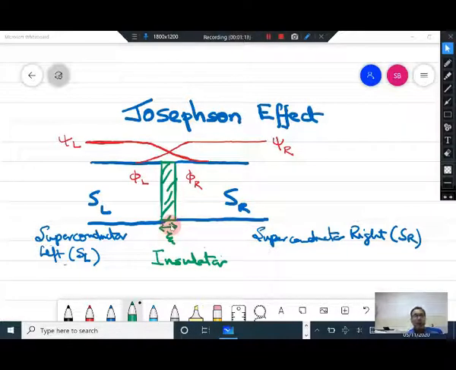Now, on this side of the superconductor, far away from the interface where you have the insulator, the superconducting order parameters are psi L and psi R, and they are at a constant value.